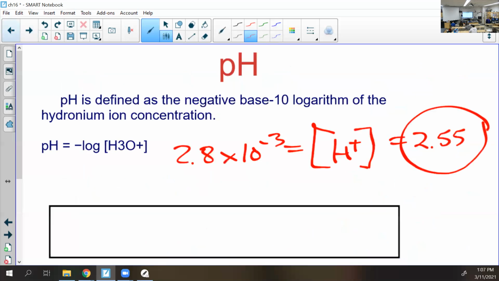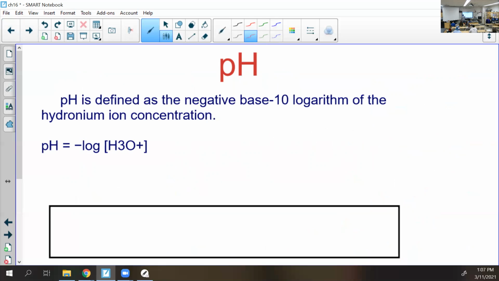Okay, let's talk about the reverse. I don't have a slide on this, but you need to know how to go both ways. Is there reverse pH? Yeah. I'll show you. Here we go. If I know the pH is 6.5, but I want to know the concentration of H plus, I just take the inverse log. It's log, not ln.